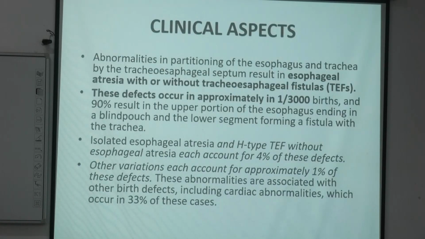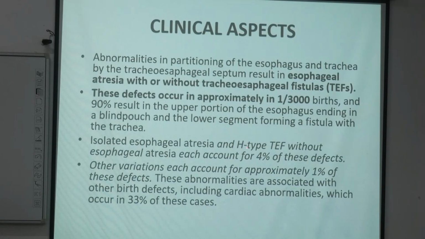Now, clinical aspects. Abnormalities in partitioning of the esophagus and trachea by the tracheoesophageal septum result in esophageal atresia with or without tracheoesophageal fistulas, TEFs. These defects occur in approximately 1 in 3,000 births, and 90% result in the upper portion of the esophagus ending in a blind pouch and the lower segment forming a fistula with the trachea.